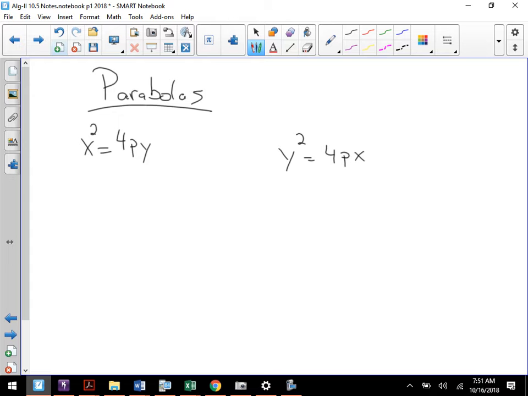You guys have all dealt with x squared parabolas before. You guys know what direction those go. What direction do x squared parabolas always go? Up or down, okay? Which by process of elimination means y squared parabolas have to go left and right. So on the formula sheet, I just did this, and I think I did this. I don't remember if I wrote up or down. Might have. Yeah.